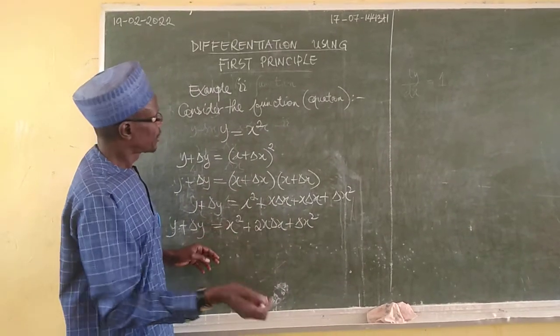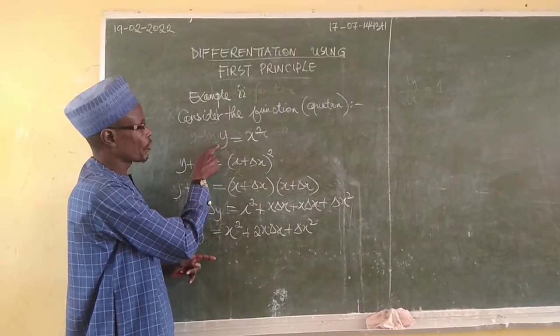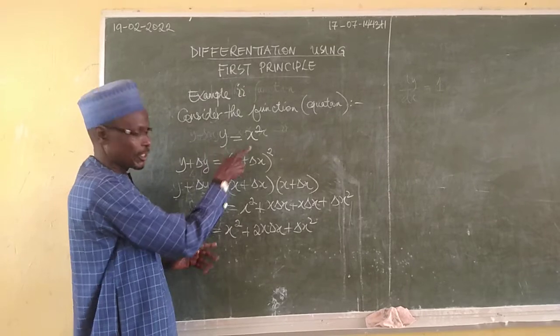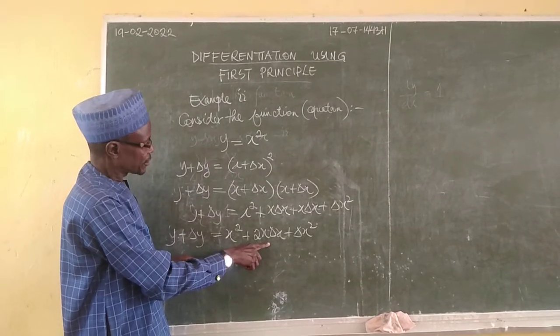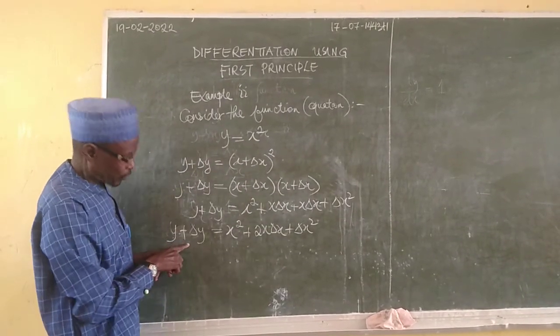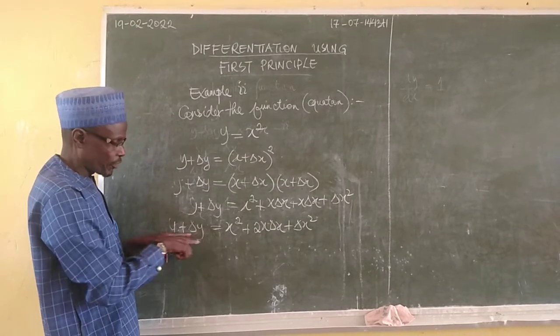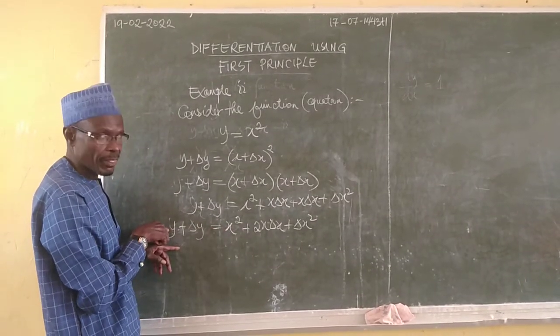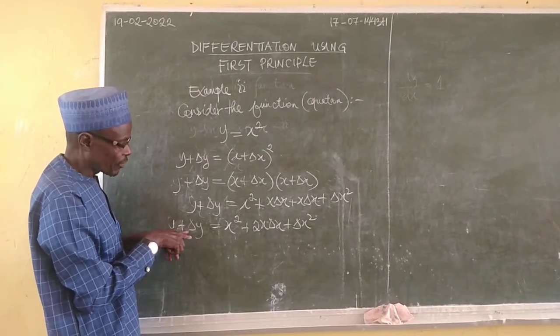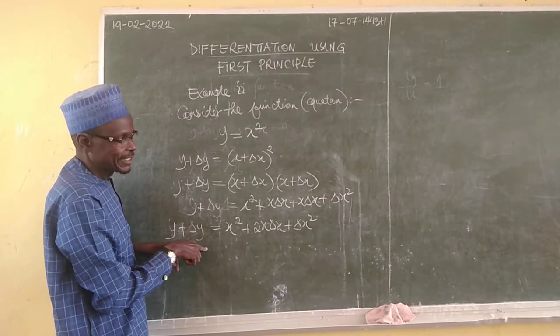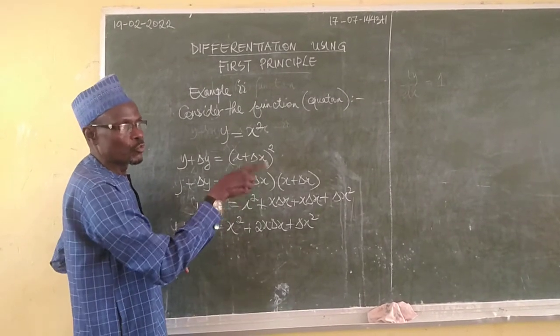But remember, right from the onset, we said our y is equal to x squared. Now we come here and we subtract y from both sides. We don't want y. Our aim is to end up with del y over del x, which will lead to dy dx.